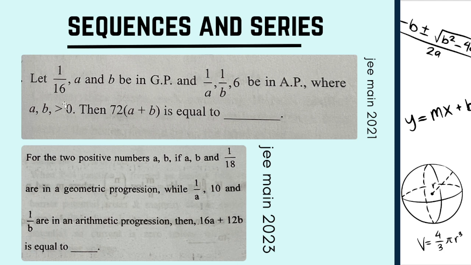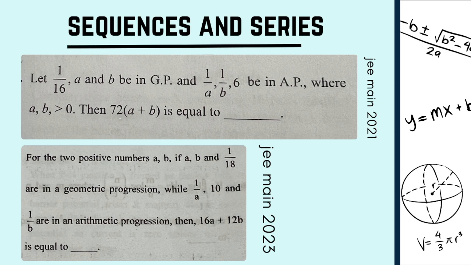As you can see, this question is from the year 2021. This is the question which was asked in 2023. As you can see on the screen, 1 by 16, A and B are in GP. Then 1 by A, 1 by B, 6 are in AP, where A and B are positive quantities.